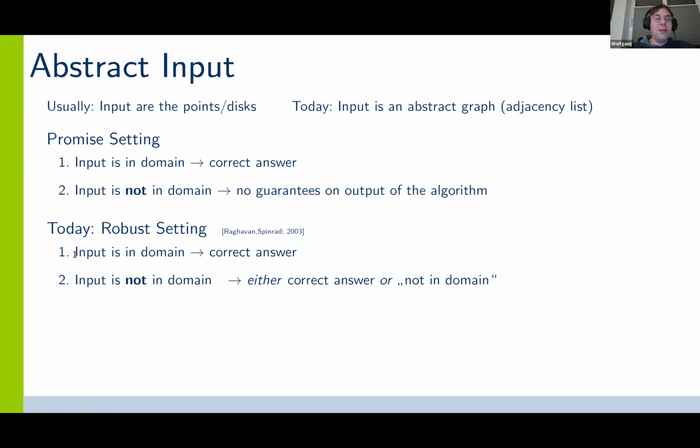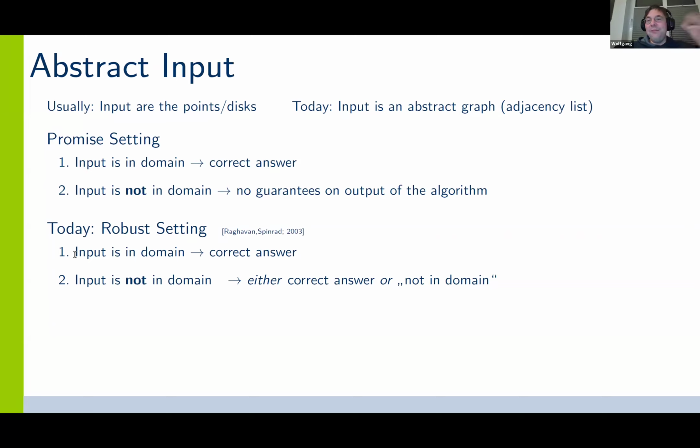But what happens if the input is not in the domain? Then again, there's some guarantee, and there's two guarantees. For some inputs that are not in the domain, it might still be the case that the algorithm works. So the algorithm will do whatever it's supposed to do, and it will give me the correct answer. Or the algorithm will realize at some point that the promise is not fulfilled, that the property the algorithm needs is not fulfilled, and then the algorithm will answer correctly that the input does not have the property that the algorithm requires.